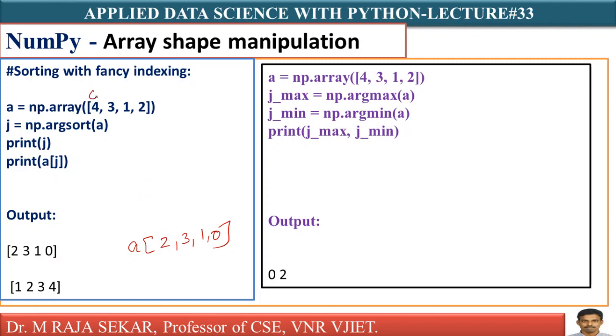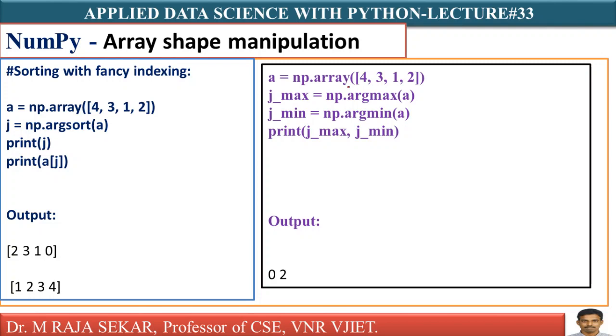These are the elements with index 0, 1, 2, 3. Which element is at index 2? 1. Therefore, you are getting 1. Which element is at index 3? That is 2. You are getting 2. Which element is at index 1? That is 3. You are getting 3. Which element is at index 0? That is 4. That's what it says. It is as simple as that.